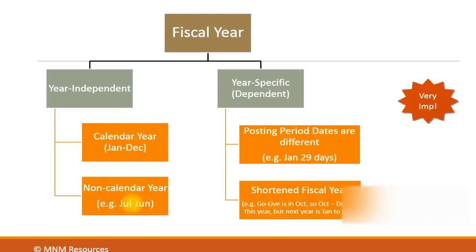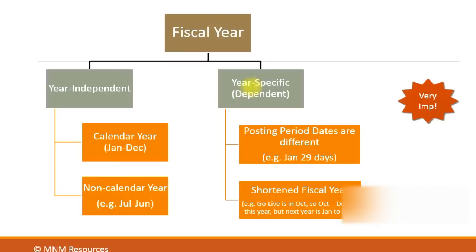But if you have a non-calendar year financial year reporting, like July to June, April to March, October to September, and so on, then it's called the non-calendar year fiscal year variant. So fiscal year variant has two different types: independent and dependent. Independent has two settings: calendar year and non-calendar year.